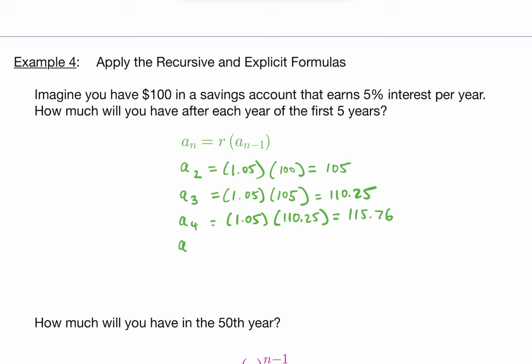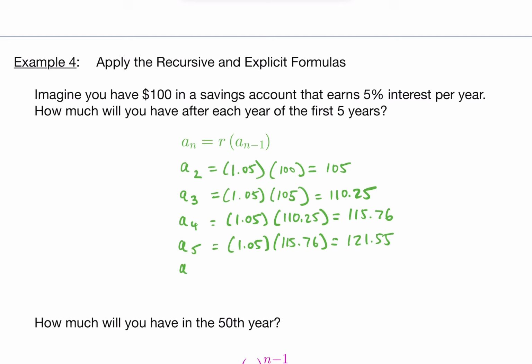$115.76. Okay, and then the end of year 4 or the beginning of year 5 is going to be 1.05 times $115.76, and that works out to $121.55.